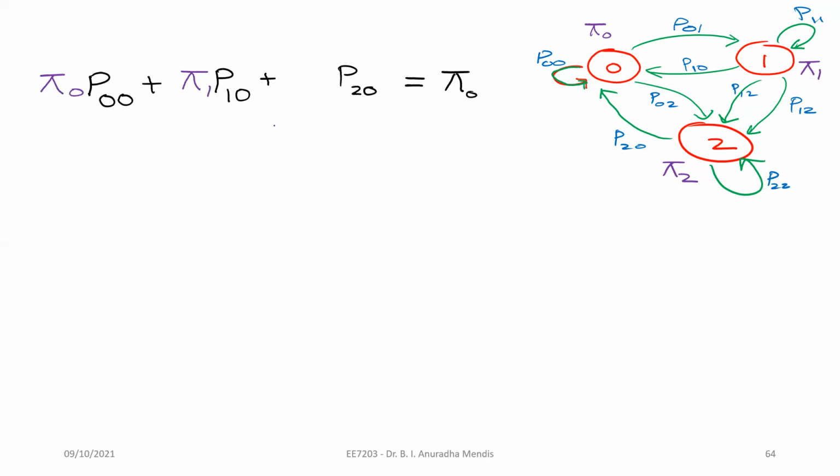There is a probability of phi 1. And if you want to go from 2 to 0, you should be at the phi 2 state. Therefore, you have to have this probability of being at this one. Okay. Now this equation is complete. Now this is perfect.